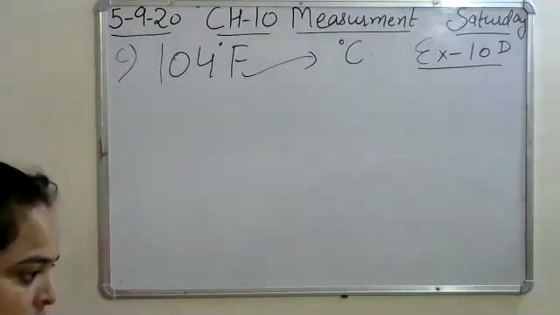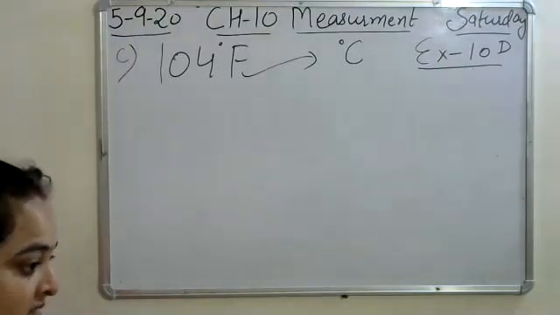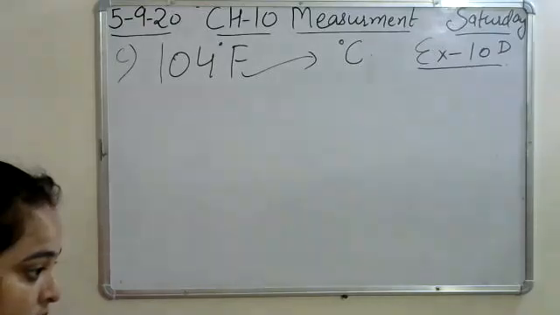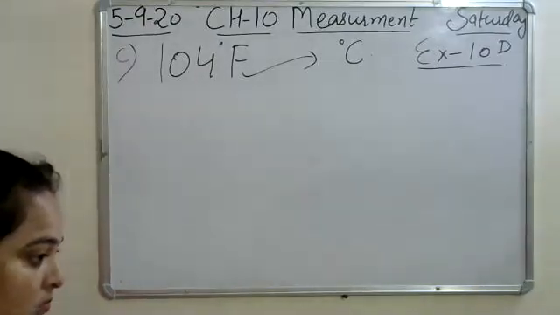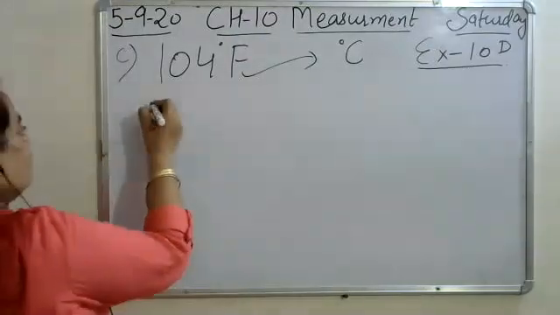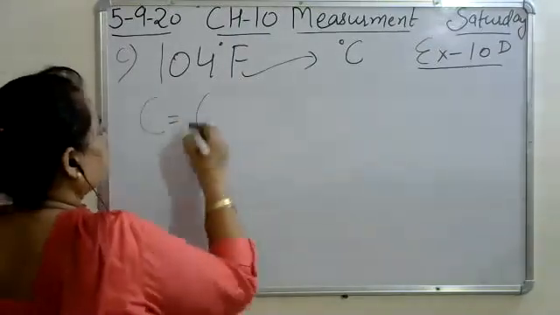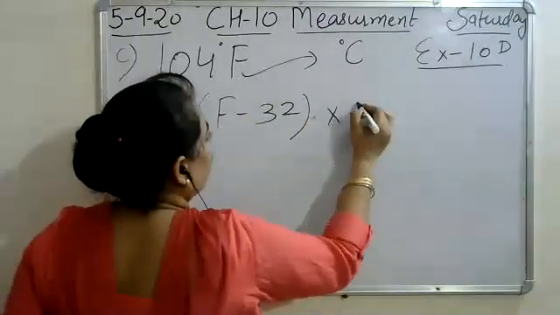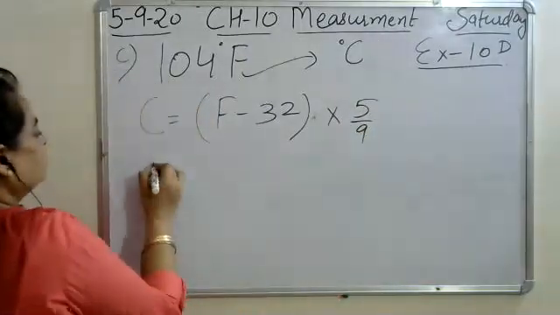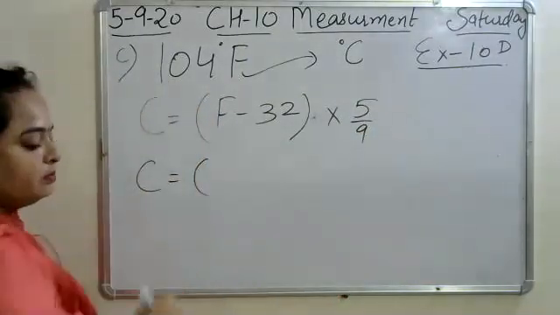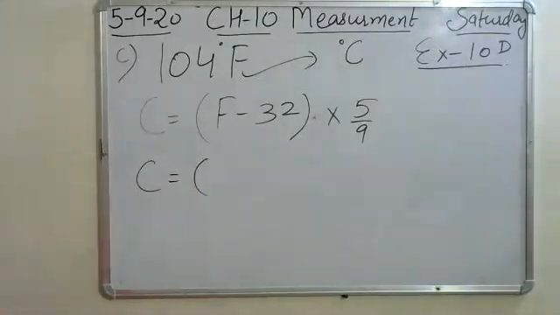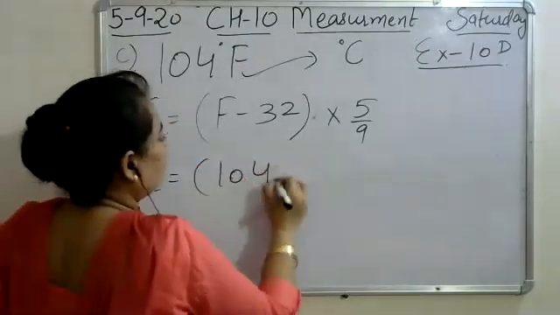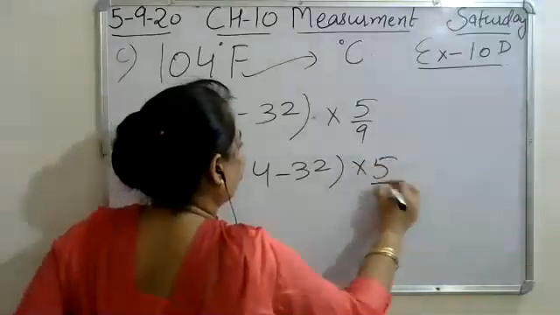Ma'am, I convert Celsius to Fahrenheit. As we know that Celsius is equal to Fahrenheit minus 32 multiplied by 5 by 9. So in place of Fahrenheit, what will you write? 104. Yes, 104 minus 32 multiplied by 5 by 9.